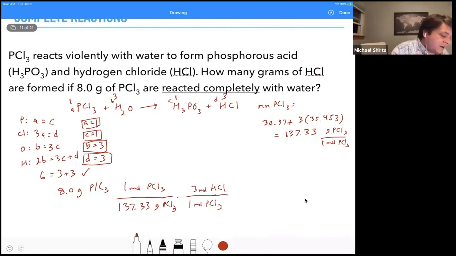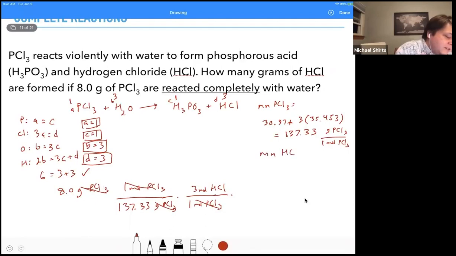Now, if we look at the cancellation, grams of PCl3 cancel, moles of PCl3 cancel. That gives us moles of HCl, but we don't want moles, we want grams of HCl. So we need the conversion factor between moles and grams, which is also the molar mass.